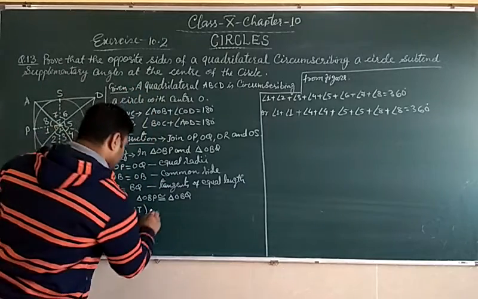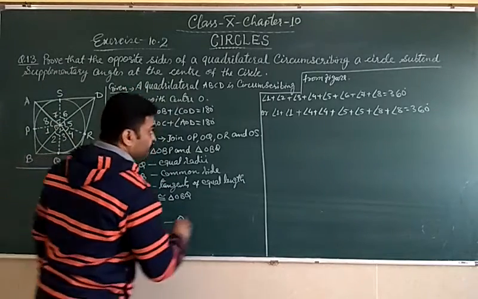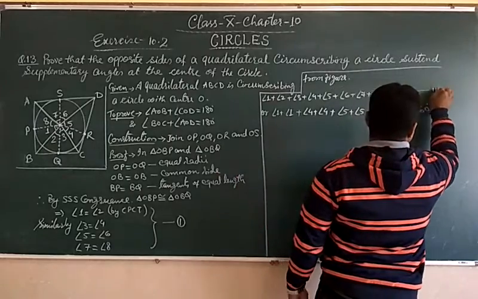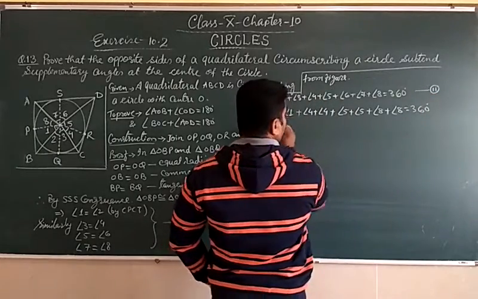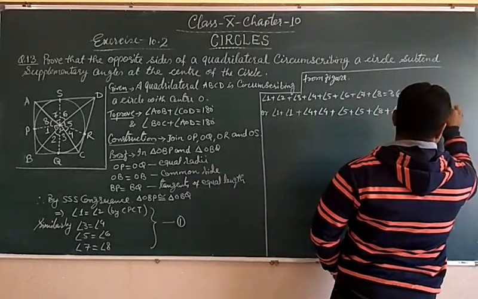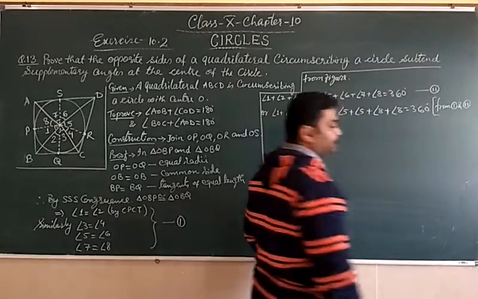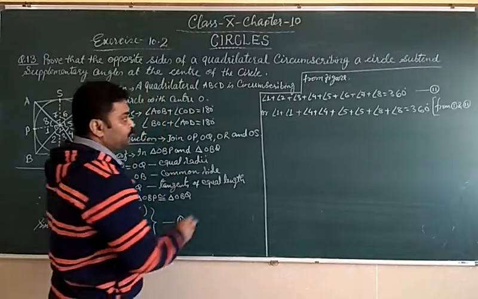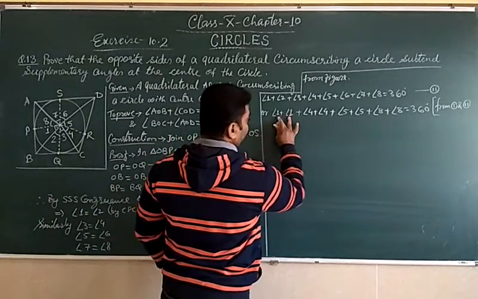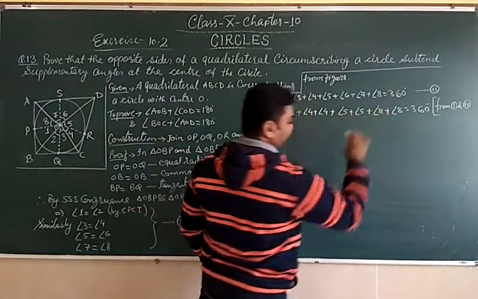Clear? We can take this as equation number 1 and this as equation number 2. So we can write here, from 1 and 2, we have 2 angle 1, 2 angle 4, 2 angle 5, 2 angle 8.